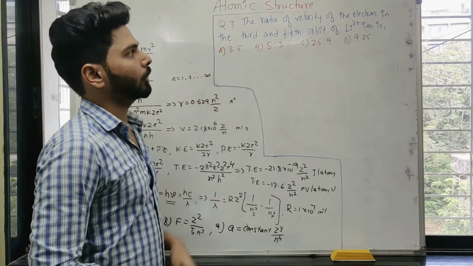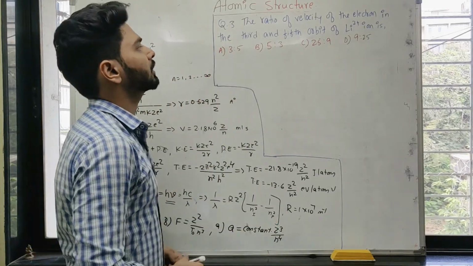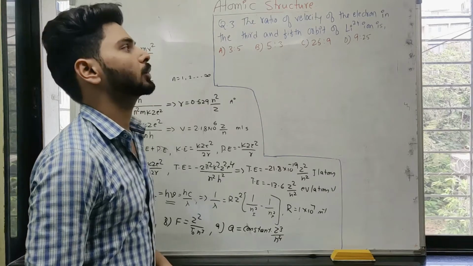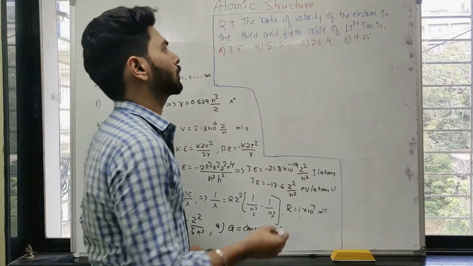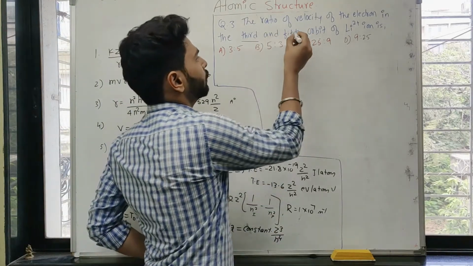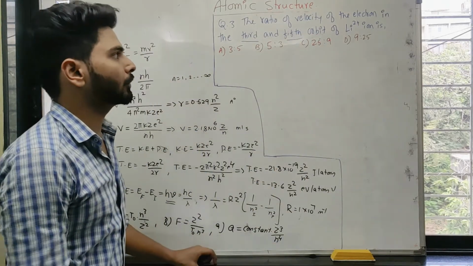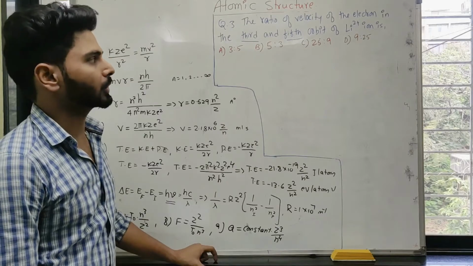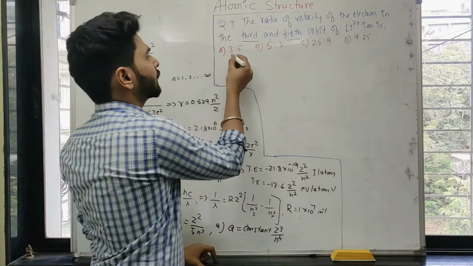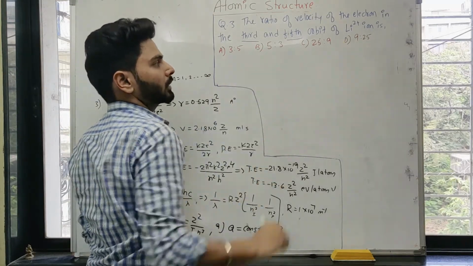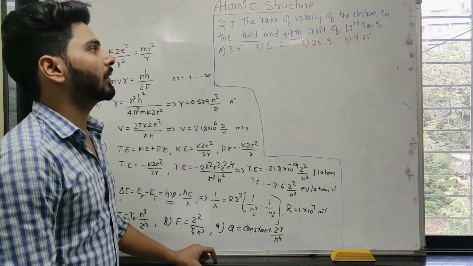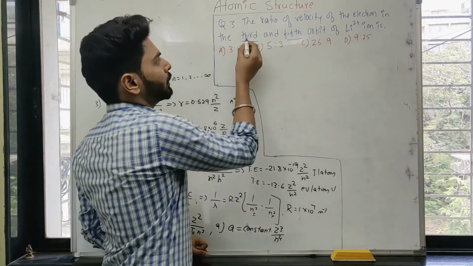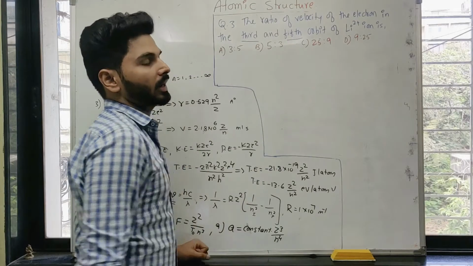The ratio of velocity of the electron in the third and fifth orbit of the lithium 2+ ion. So we are asked to calculate the velocity ratio between the third and fifth orbit of lithium 2+, and the options are 3:5 and 5:3, or the reverse. Whenever it is like that, remember what to write first and what to write later.